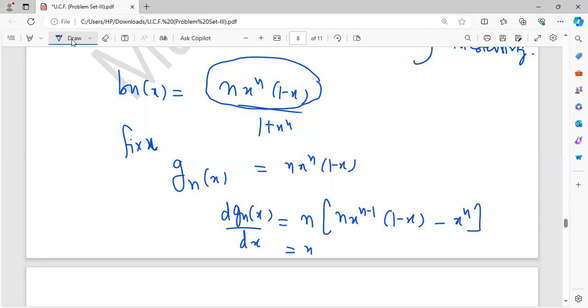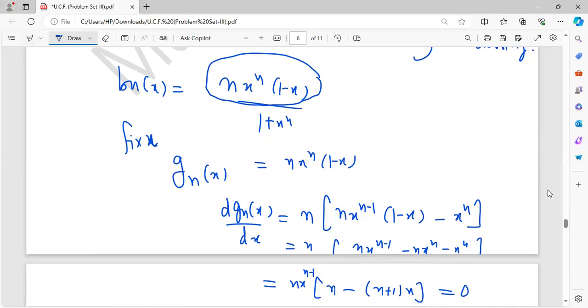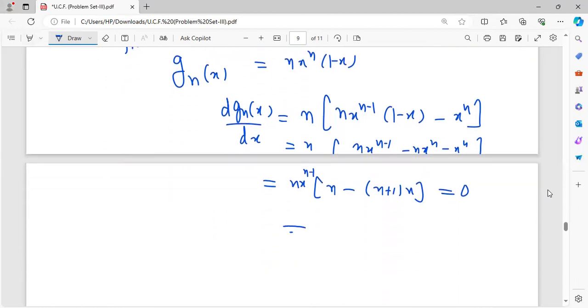So this is n x to the power n minus 1 minus n x to the power n minus x to the power n. So x to the power n minus 1 you can take out. This is n minus (n plus 1) x. When will it be 0? When it will be 0, derivative will be 0 because we want to find the maximum point. So x is equal to n upon n plus 1. 0 we will not take because gn(x) is non-negative. At 0 it is 0, at 1 it is 0. So maximum will exist in between.